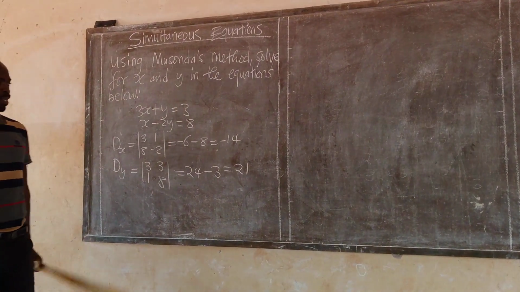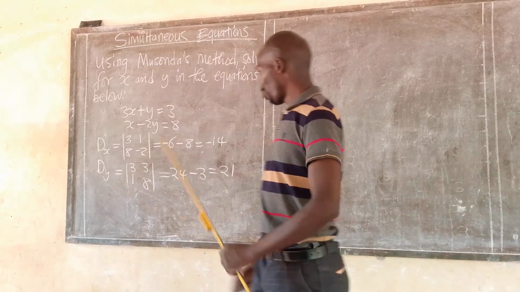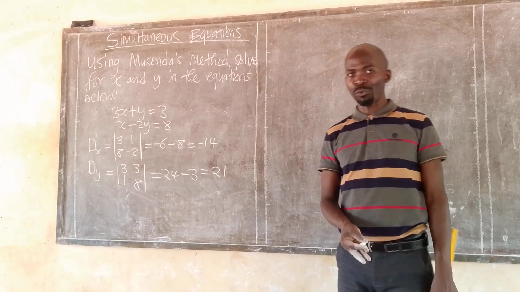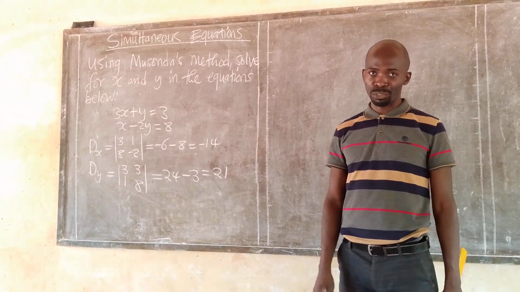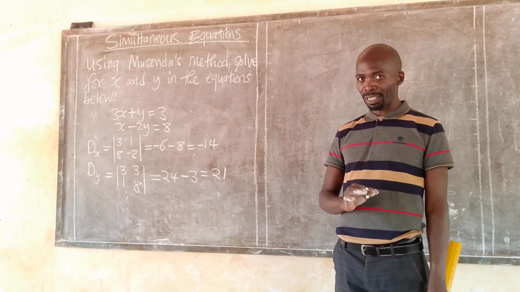Now how do I find the x value and the y value? With the determinants we are done, no need of finding the third one like Cramer's rule. We are done with only those two determinants.